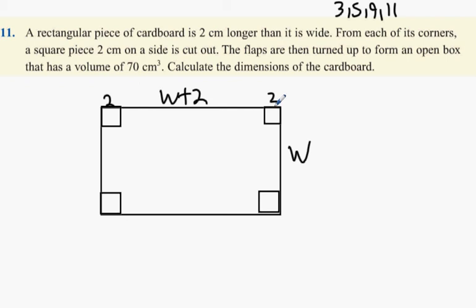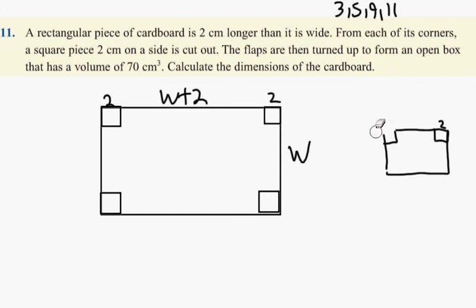Yeah. Now, I always simplify it down to an easier question. If this was 18 centimeters long, and I cut off squares of 2, what happens to the length? 18 minus 2 minus another 2, and it turns into 14.